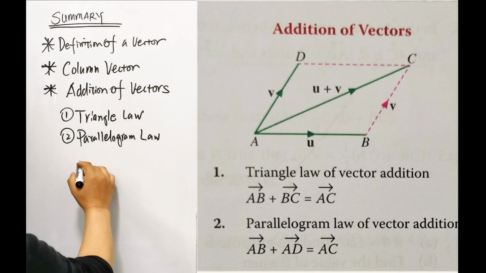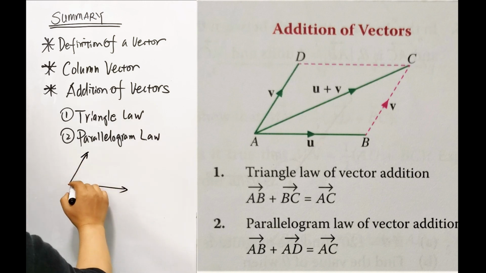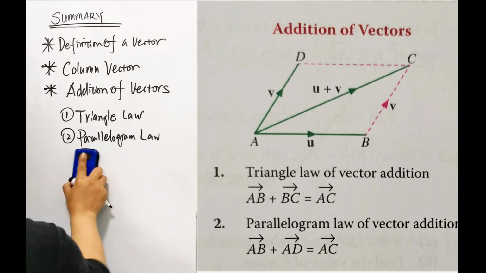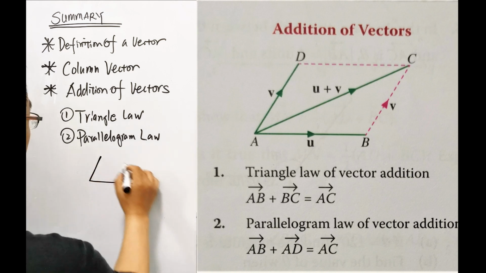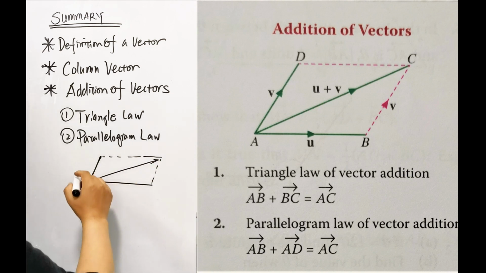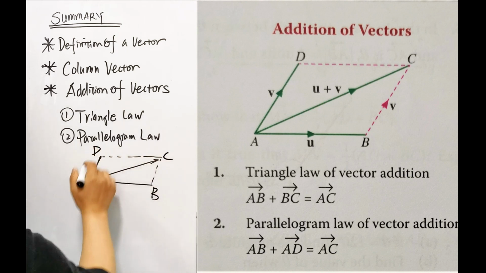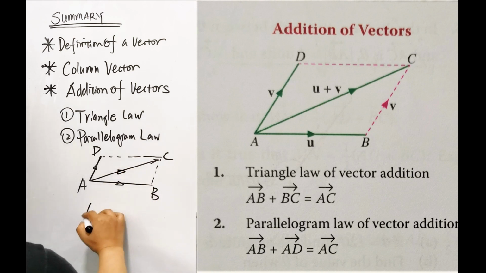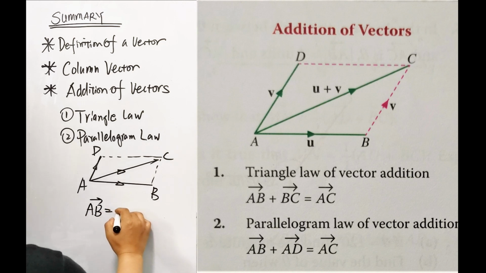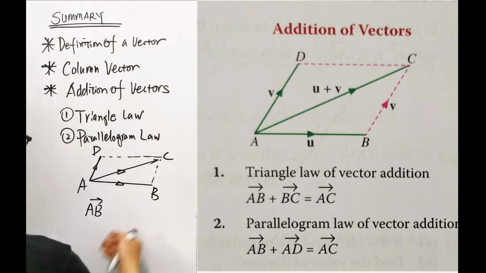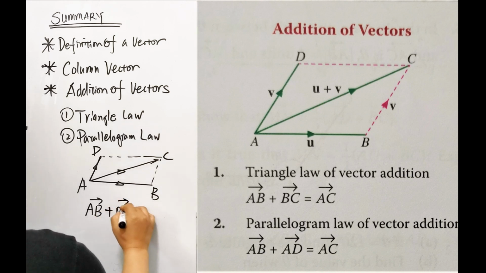So just look at here. For example, we have this parallelogram ABCD, right? From the triangle law, we know that AB plus BC equals what?